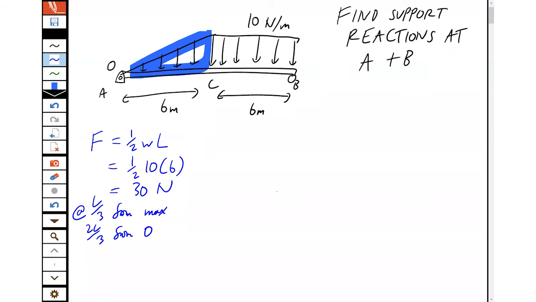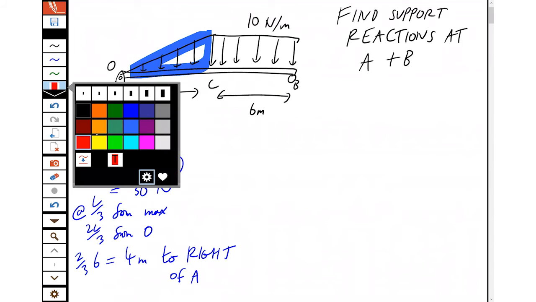We can see 0 is at A, which is nice and handy, so that's 2/3 of 6 is 4 meters to the right of A. I always specify the location like that when I'm working it out, because I'm going to have to go back and draw the diagram in a minute, and I'd hate to have to do it again because I wasn't clear.